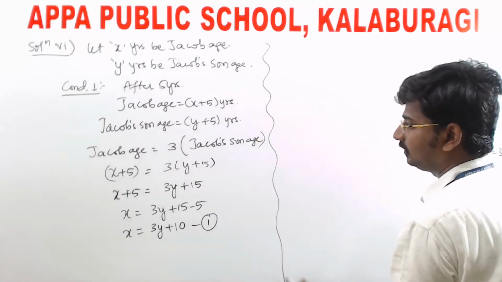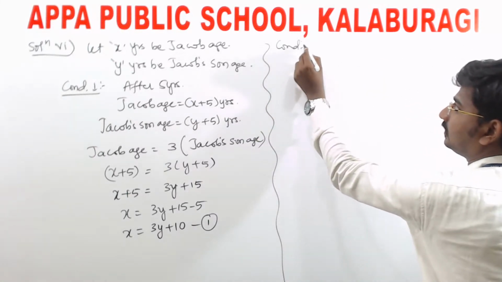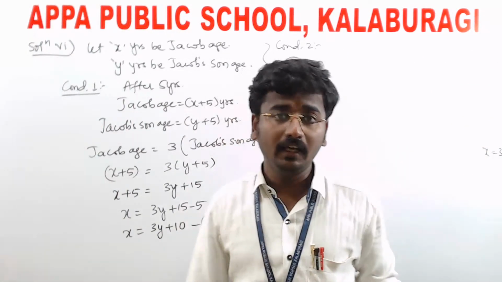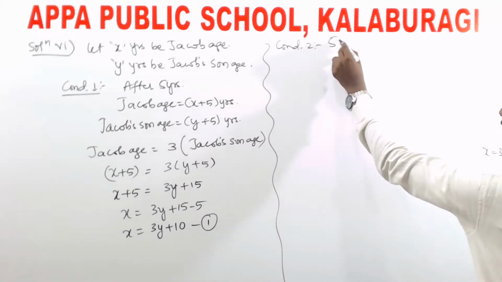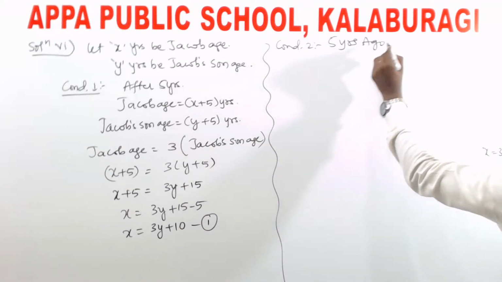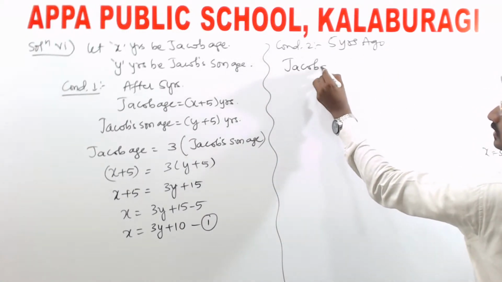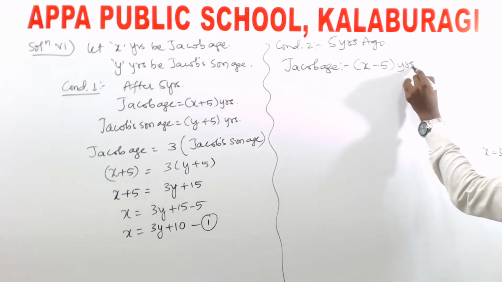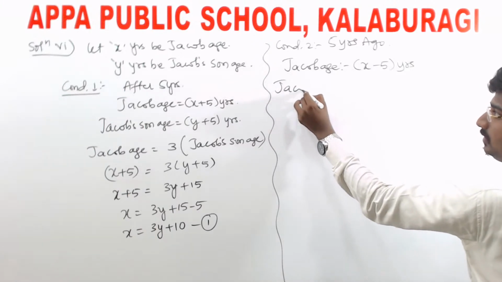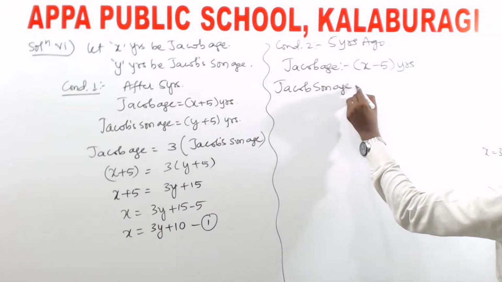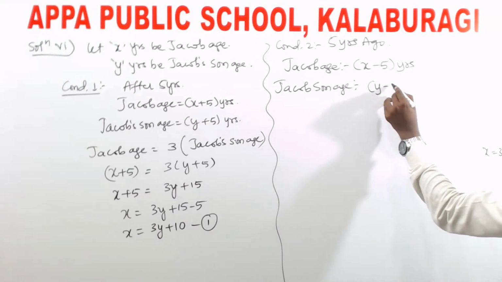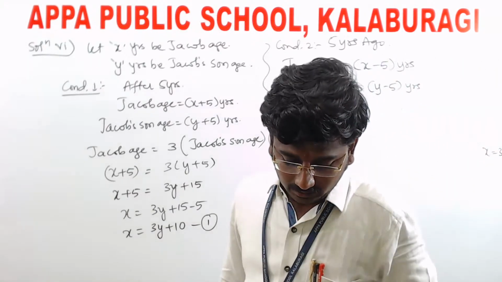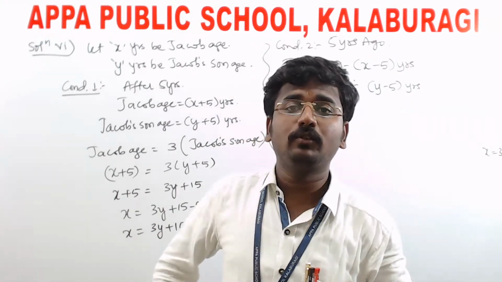Now coming to the second condition. 5 years before, correct? Or 5 years ago? 5 years ago, Jacob's age would be x minus 5 years. Jacob's son's age would be y minus 5 years. Now what he said to his son? He is 7 times as old as his son.